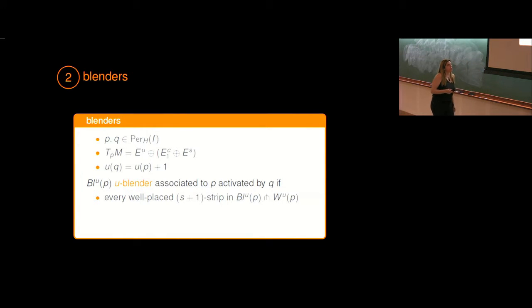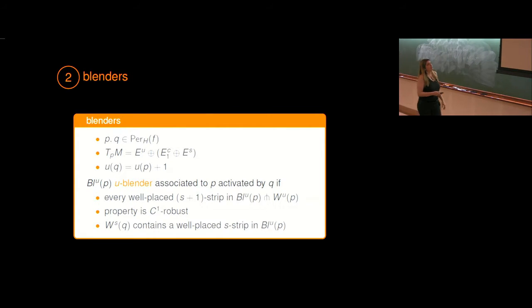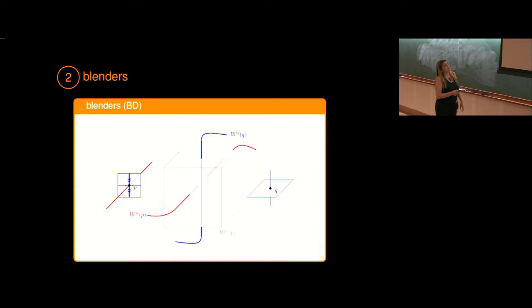You will try to retain all this information. I know it's hard. You will see it in the picture again in a minute. Not only this happens, but this is C1 robust. And the stable manifold contains a well-placed S strip in this unstable blender. So you have the following thing. I will show you the picture again. You have an open set.